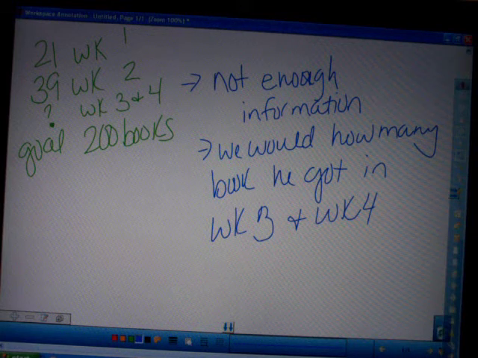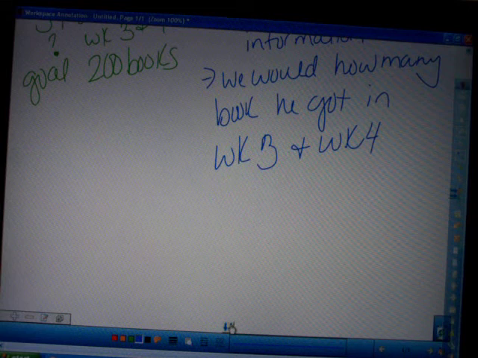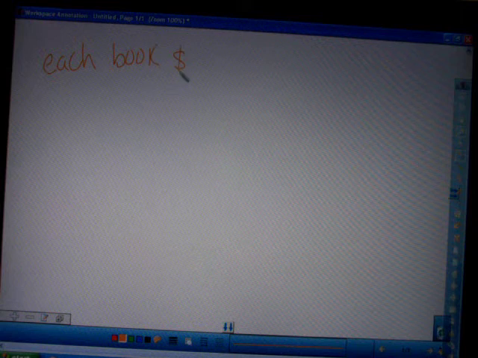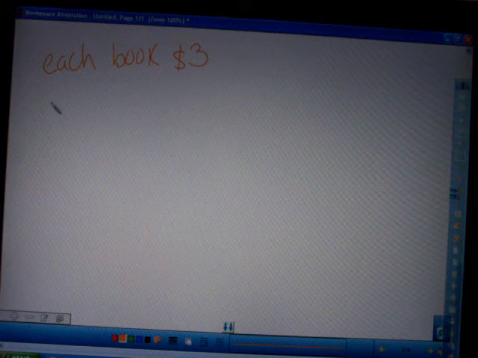So let's do another one here. So Lillian, on Tuesday, she puts in an order. She gets put in charge of collecting books. I don't know why the math curriculum's also fixated on collecting books, but they're collecting books. The cost of each book is $3.